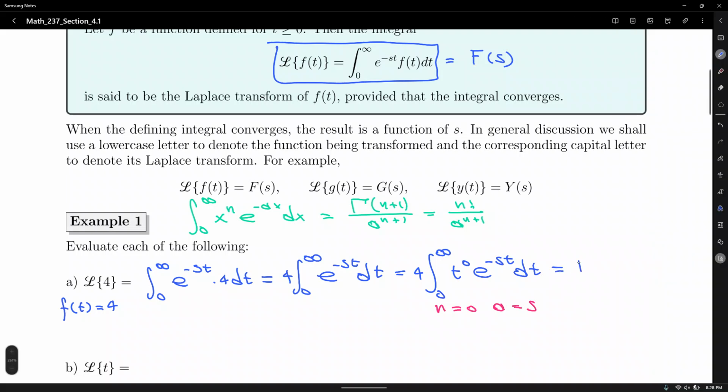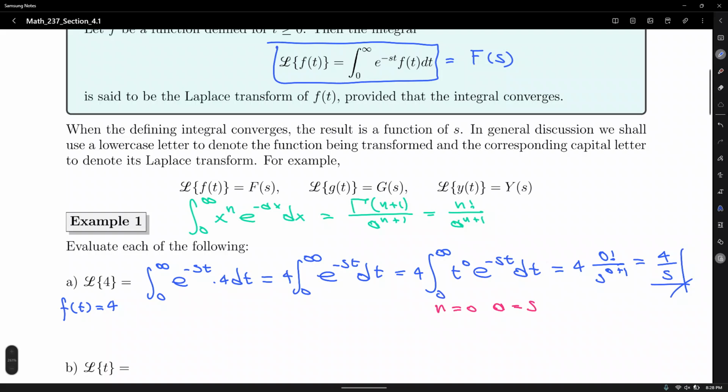So this is equal to 4 times 0 factorial over s to the 0 plus 1, by the definition of the gamma function. 0 factorial is 1, 1 times 4 equals 4, and 0 plus 1 equals 1. So 4 over s is the Laplace transform of the function f of t equals 4.